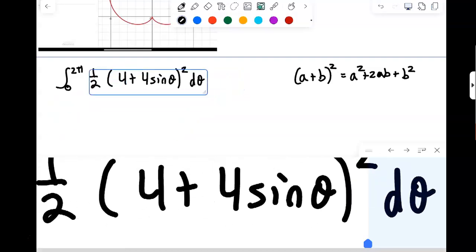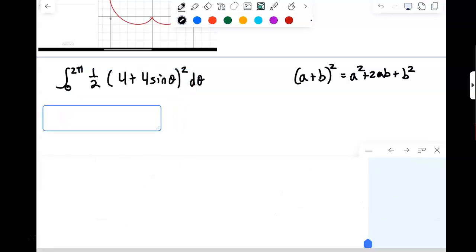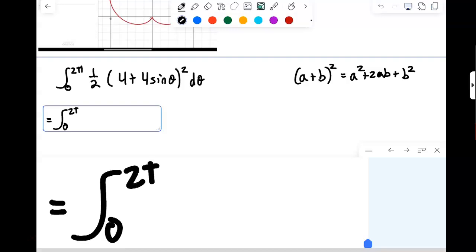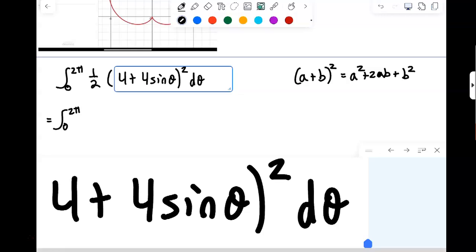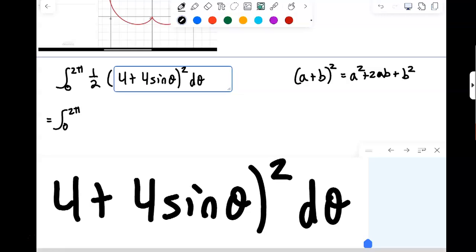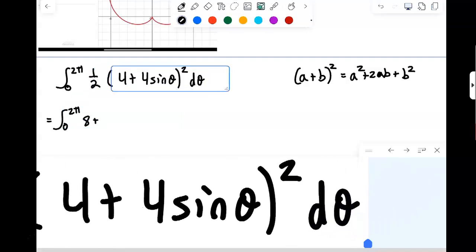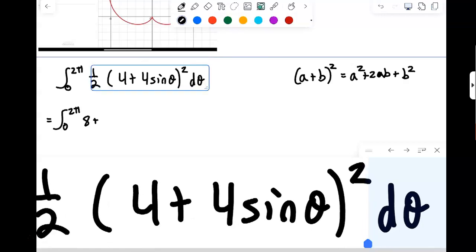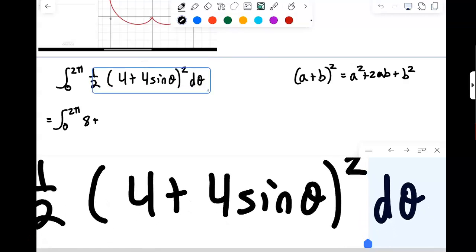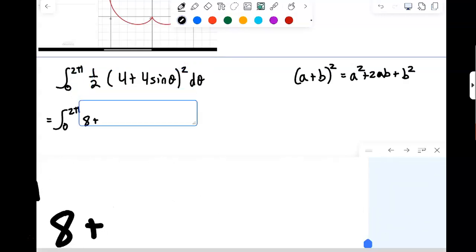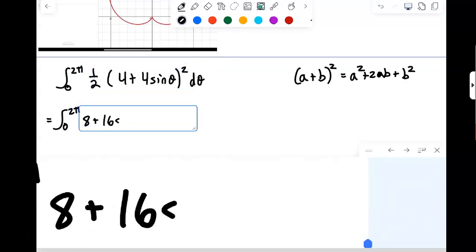So just making life a little easier, all that stuff's going to get squared, and it's going to be multiplied by 1/2. So let me do both of those things at once here together. So 4 squared is going to be 16. Half of that will be 8. In the middle, I'm going to have 2 times a times b, so 2 times 4 times 4. So 32 sine theta times 1/2 would be 16 sine theta.